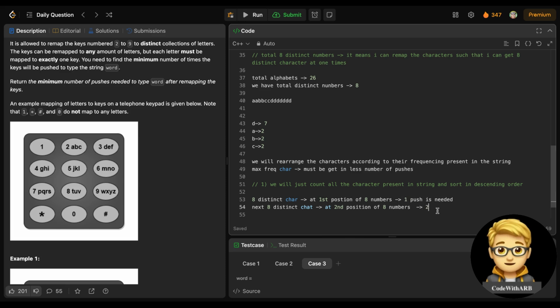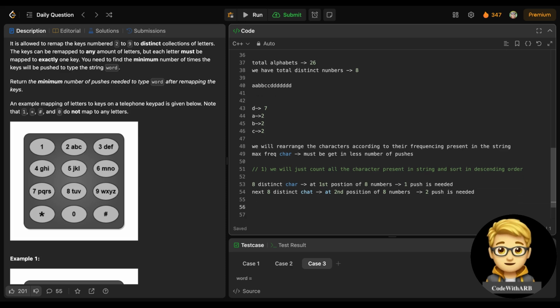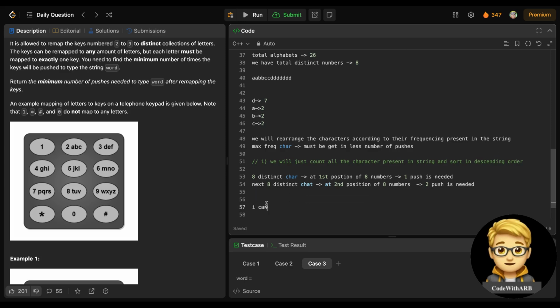For these, two pushes are needed. I can form till here, so the next eight distinct characters will need three pushes, right?